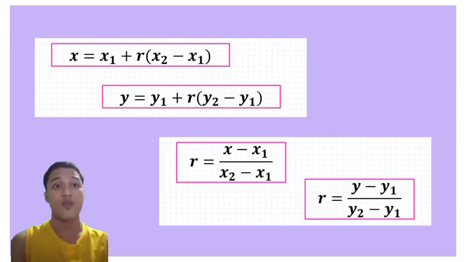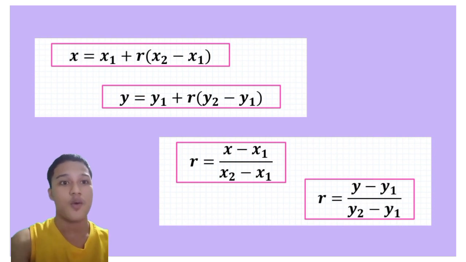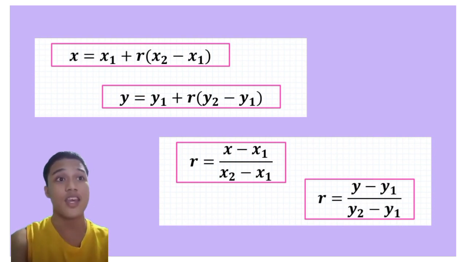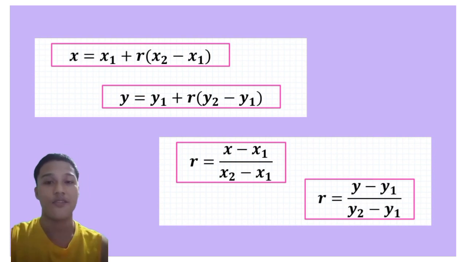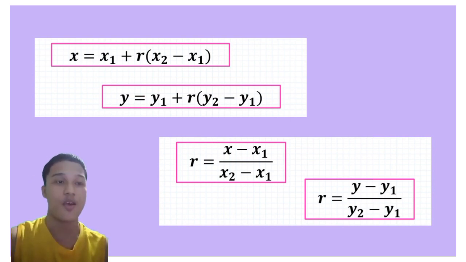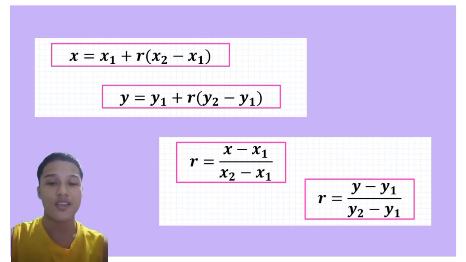Next, in this slide, we are given many solutions to use. Now let's get into business. Now, to find the ratio m:n, we will use the formula r = (y - y sub 1) / (y sub 2 - y sub 1).